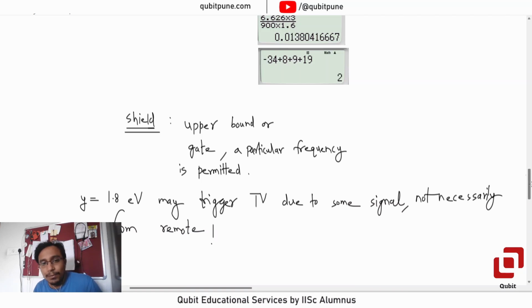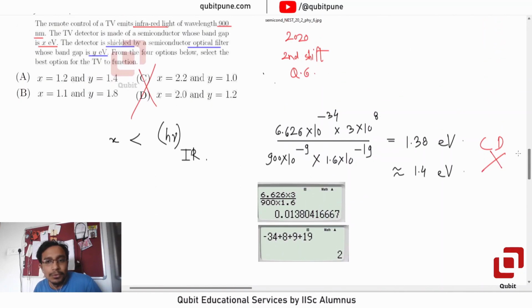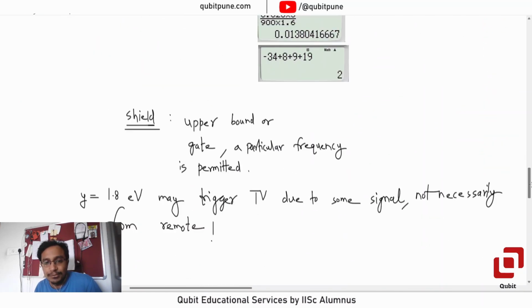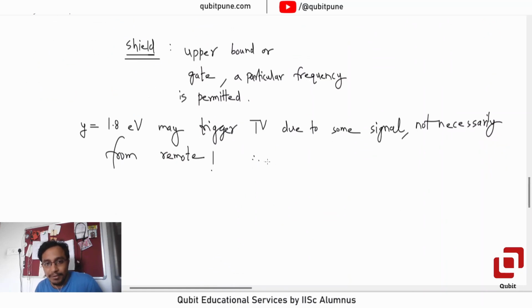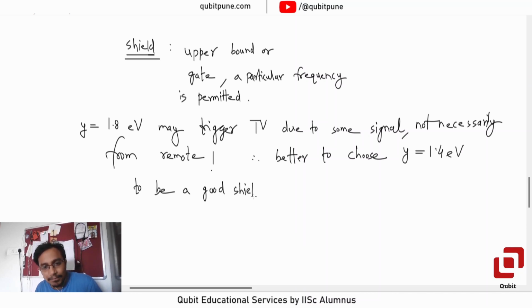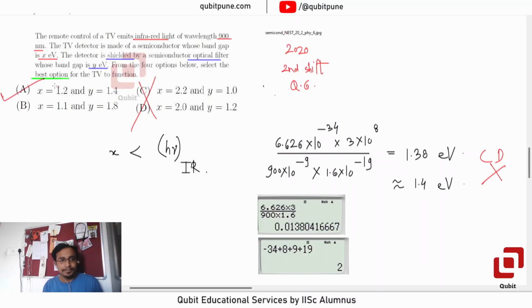So it's better to take it as close to the incident photon energy as possible. Therefore better to choose Y equal to 1.4 to be a good shield or filter. Okay, all right.